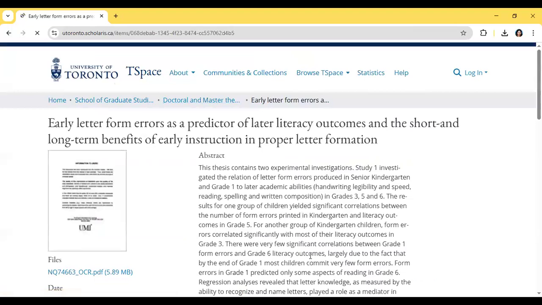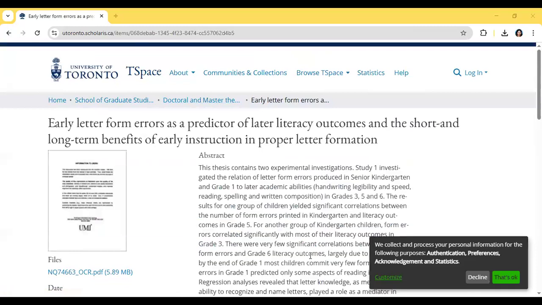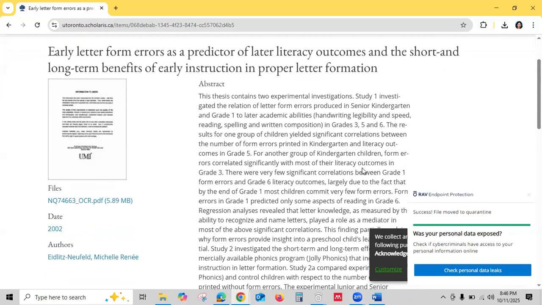Okay, right. Now look, can you see the article now? Yes, madam. Yes, I can see, madam. Right.